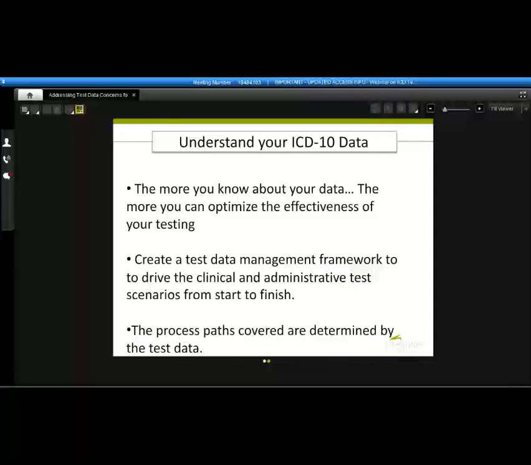So the best way to approach this is to use a framework to give you guidance, to take you through a process or a path to figure out what you're going to do and how you're going to use your test data.